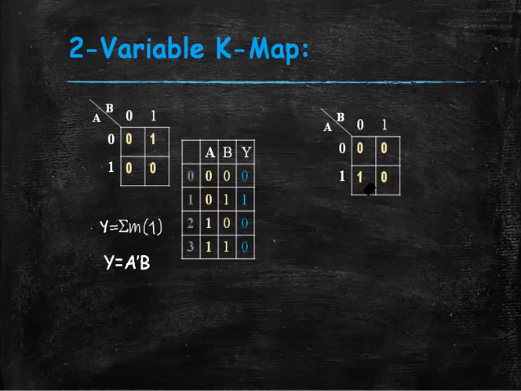Okay, then first we write the logical expression. Logical expression is AB bar. Okay, then we have to write the sum of product, SOP form. It is in the position of 2.